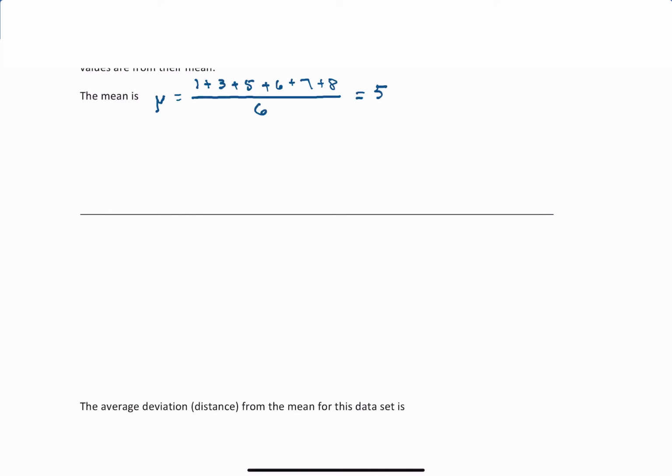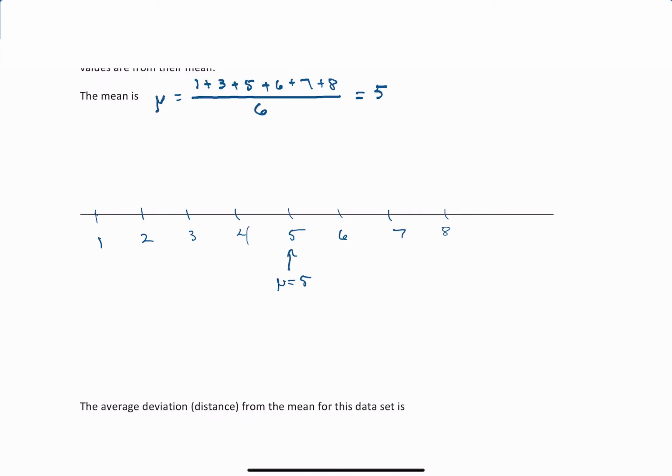Let's make sort of a diagram so we can see how these data values look. I need numbers from 1 to 8 on my number line. And as we said, the mean is 5.